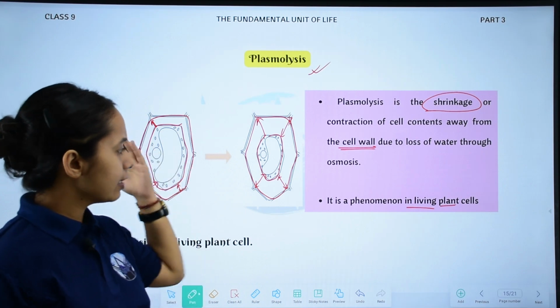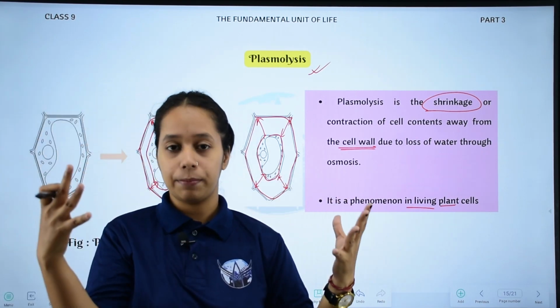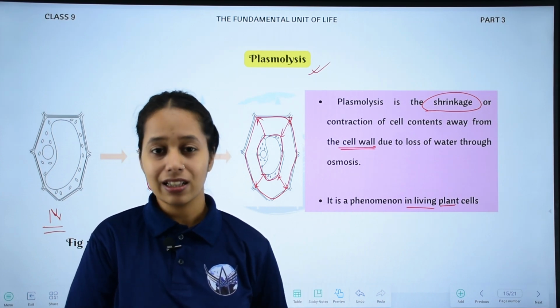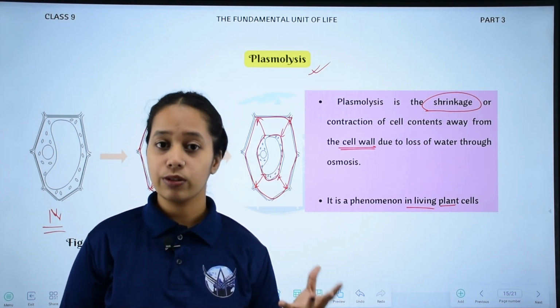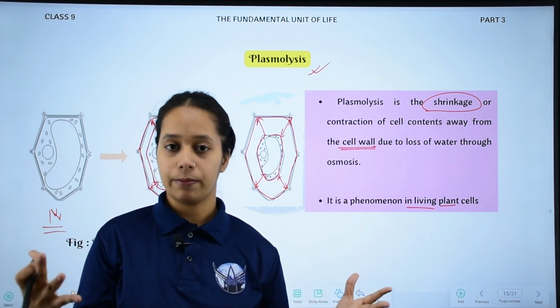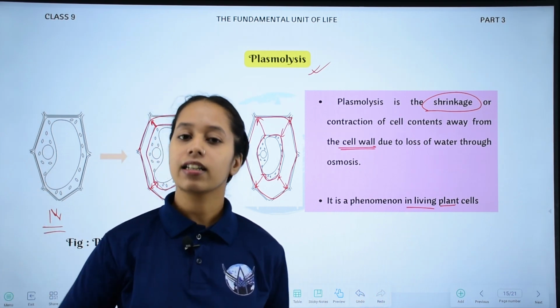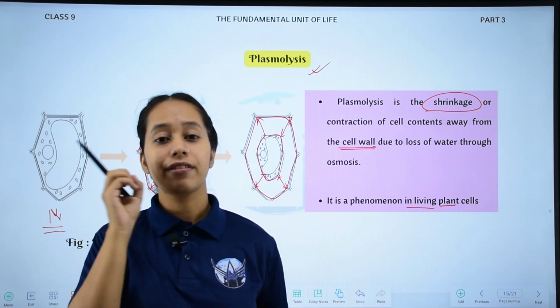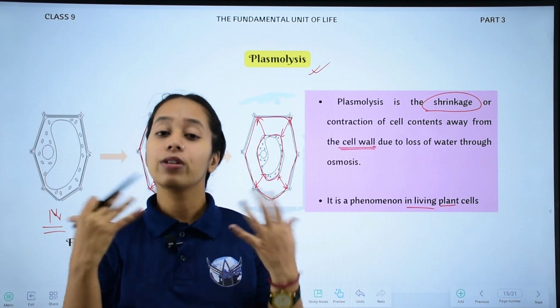Again, if the same cell is placed in a hypotonic solution, the cell will swell up. In that case, the cell wall will protect the cell from bursting. What if it takes in water and swells up too much? There is a high risk of the cell bursting. How will it burst?